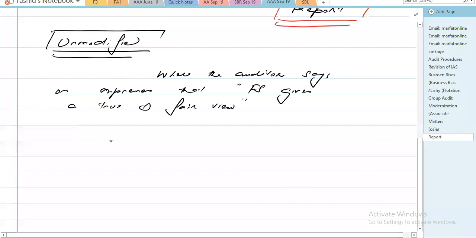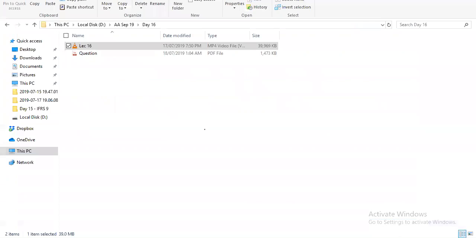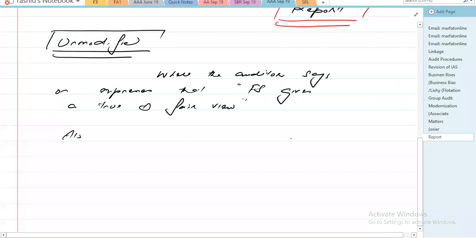This is also known as standard report. This is standard unmodified report. Like, we are not going to make any modification. We are just saying that the financial statements give a true and fair view.